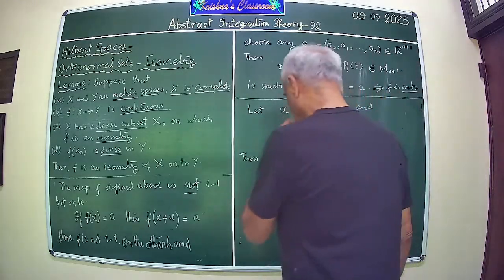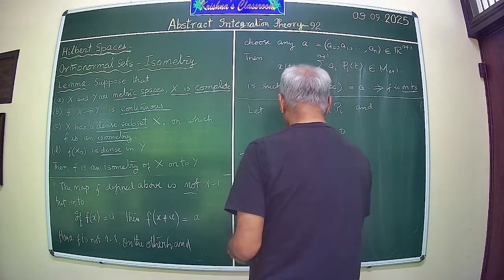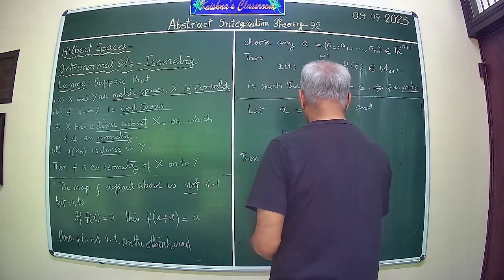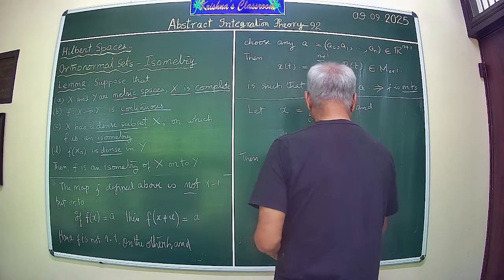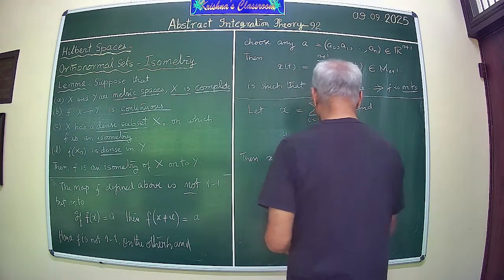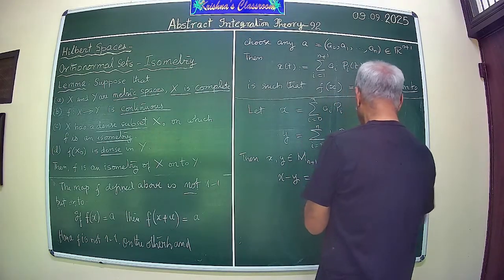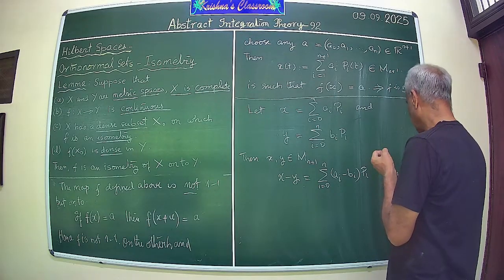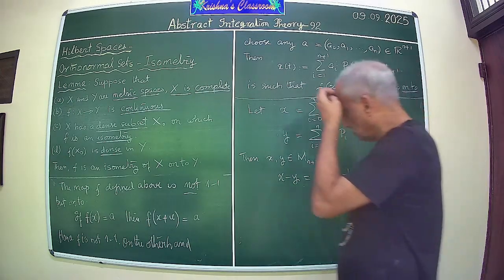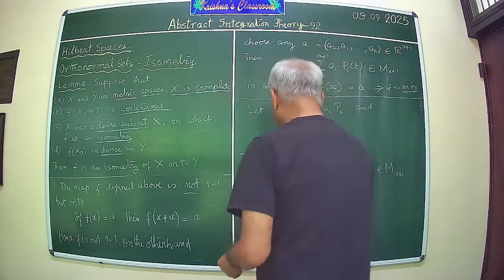Now then x minus y is the sum of (a_i minus b_i) p_i, and this of course belongs to M. Okay, you see that you apply this.